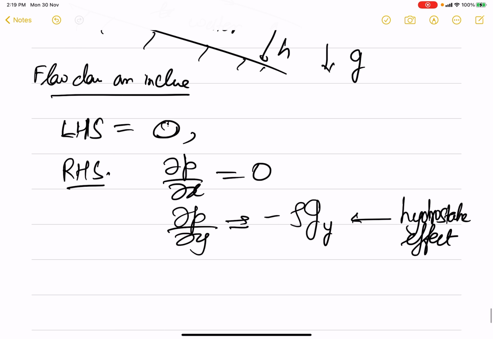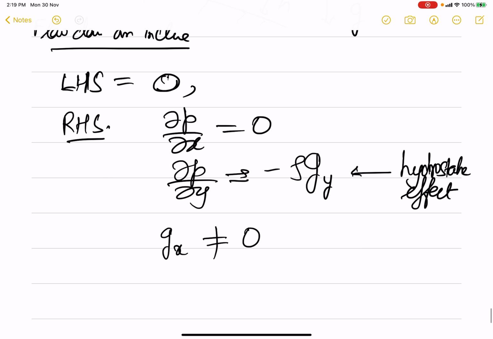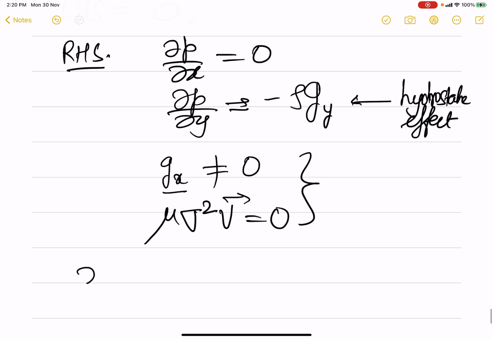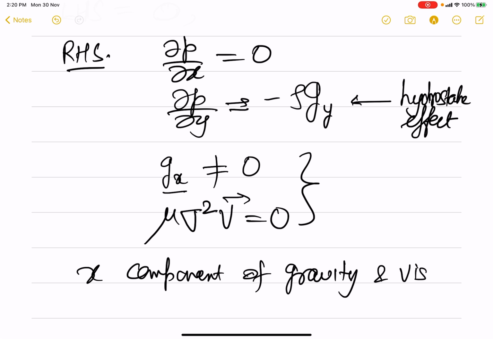Now, there's an X component of gravity which is not equal to 0. And this X component of gravity and the viscous terms balance each other.